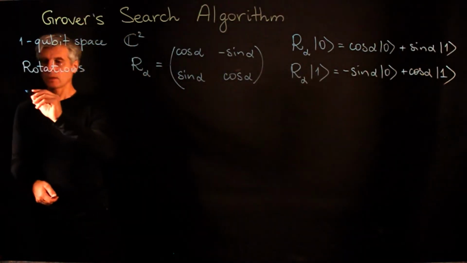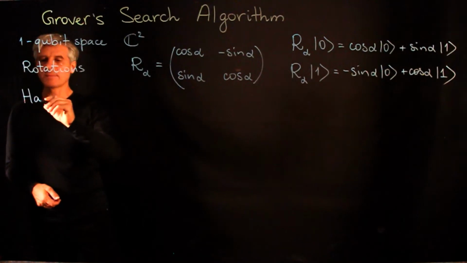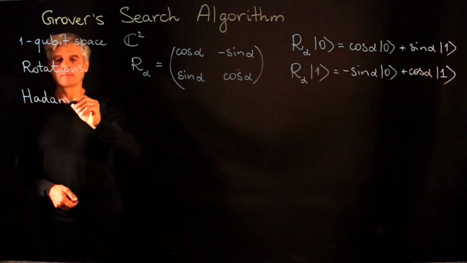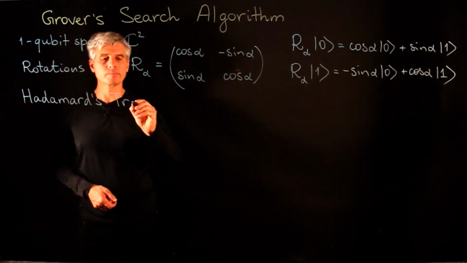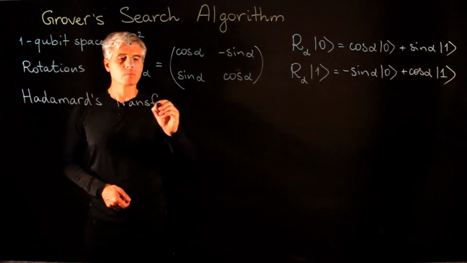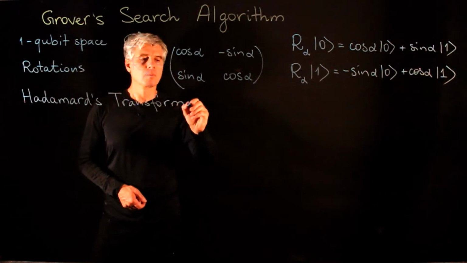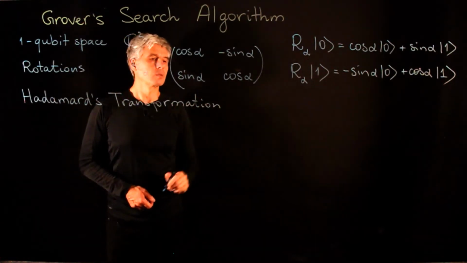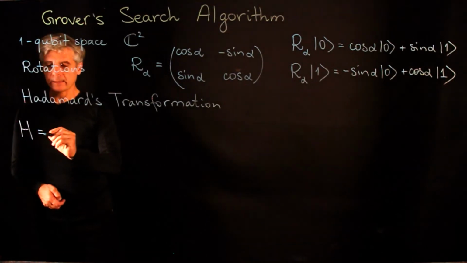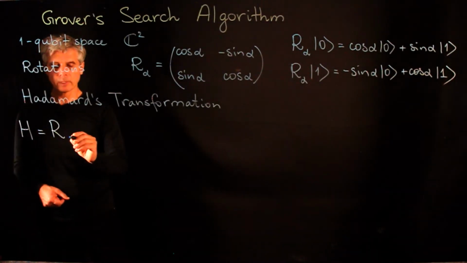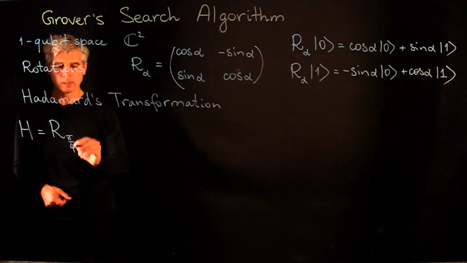So we take the Hadamard transformation, which is denoted by H. It is a rotation by angle pi by 4.